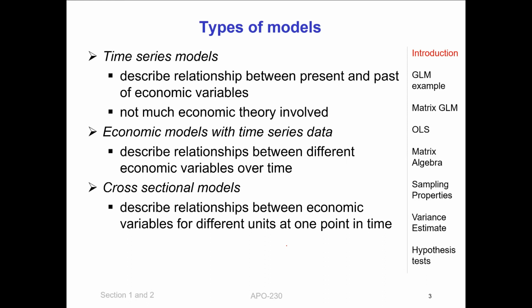And then we also have cross-section models, which typically focus on the relationship among economic variables across a pool of individuals. Individuals here, or you call them units or observations, means for example data collected over a farmer community within a region, or different field plots, or different markets in the same country, even across countries, but at one point in time.